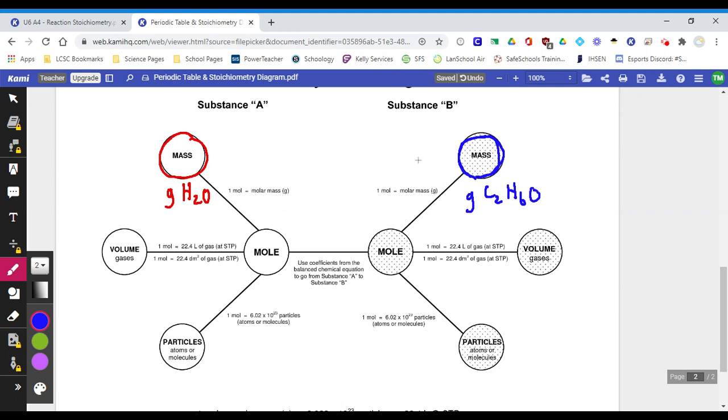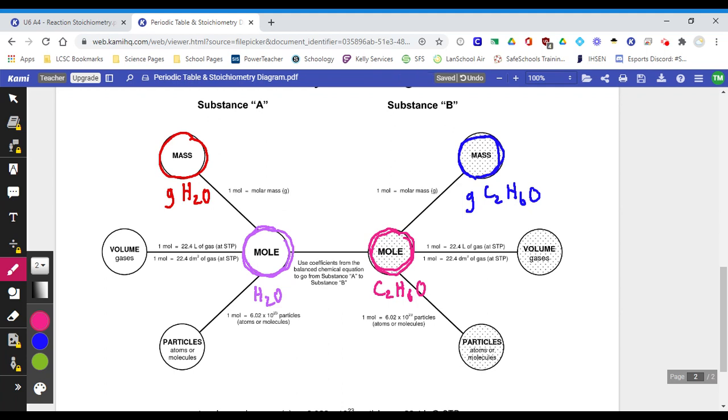Now, in order to get from here to here, I wish I could just go straight over there, but I don't have a conversion factor for that. So instead, we're going to have to find a path. We're going to go to moles of H2O next, and then from moles of H2O to moles of C2H6O, and then finally to grams of C2H6O.